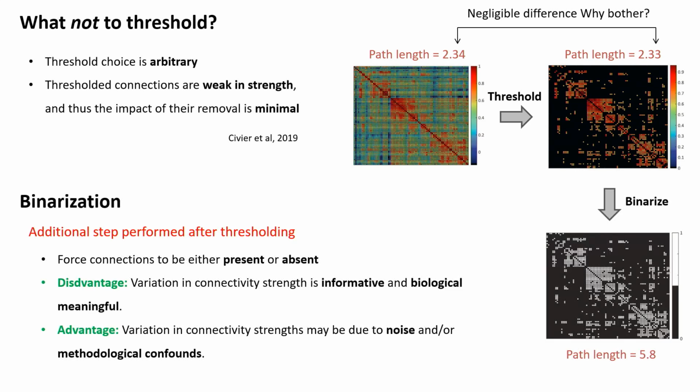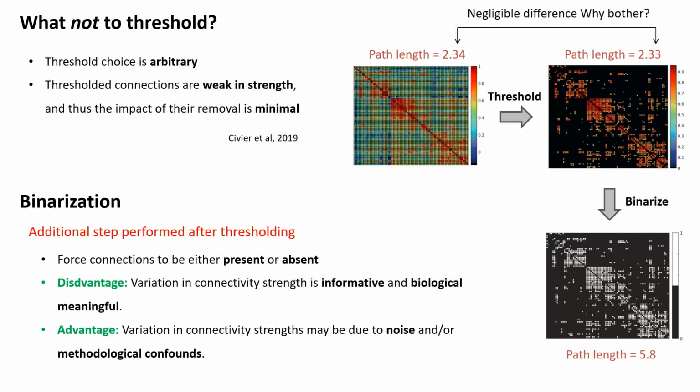Once we've thresholded, or if we've decided to threshold our network, another step that we can do is binarise the network. And when we talk about binarisation, we're only interested in the presence or the absence of a connection. And our connectivity matrix only comprises ones and zeros. So in the bottom matrix there on the right, the white cells correspond to ones and the black cells are zeros, the absence of any connectivity.